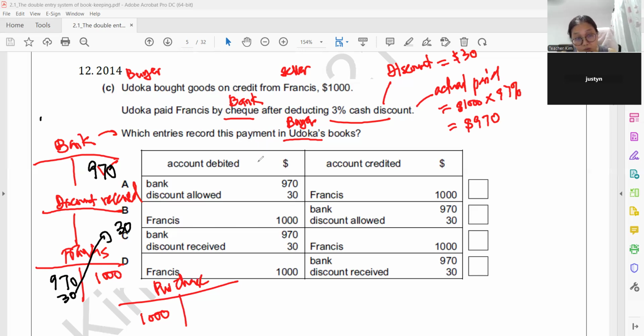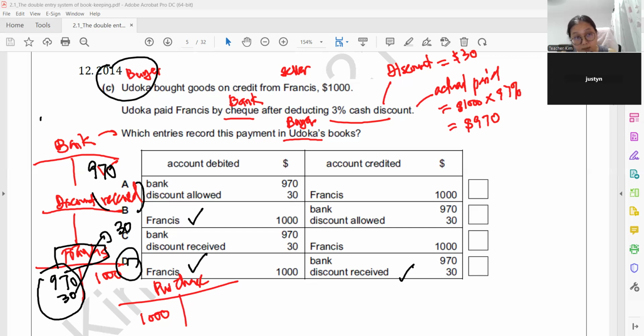So the double entry, the account debited is in here, so Francis is debited. Now the question says here, credit. I put received because this one is from the buyer's book. That's why we record discount received, the buyer receives.